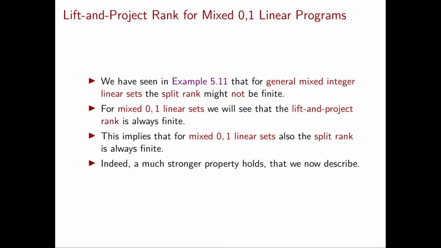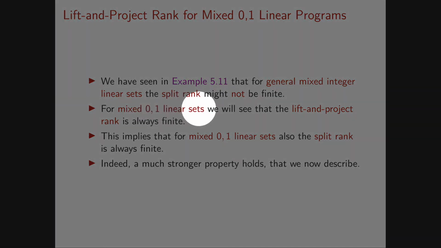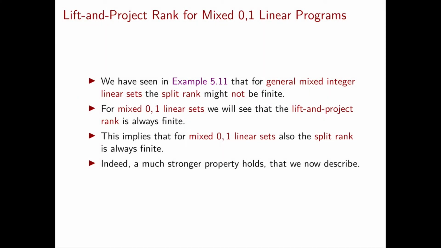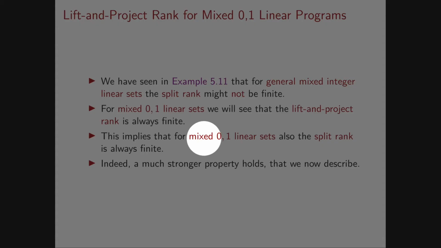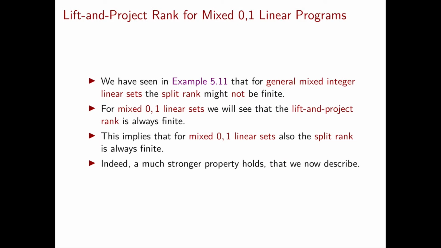However, in the special case of mixed 0-1 linear sets that we're discussing now, we will see that on the other hand, the lift and project rank is always finite. Since the split closure is always contained in the lift and project closure, this also implies that the split rank is always finite for the special case of mixed 0-1 linear sets.